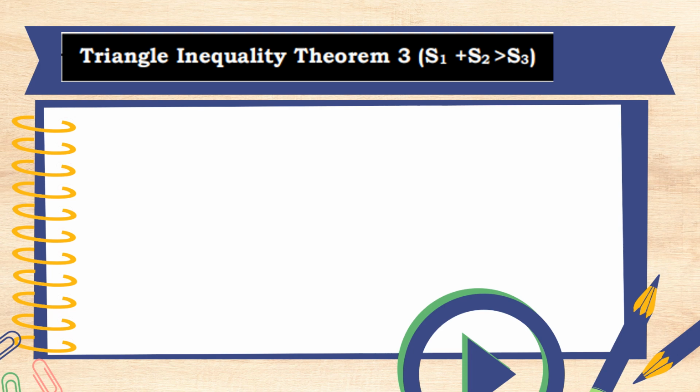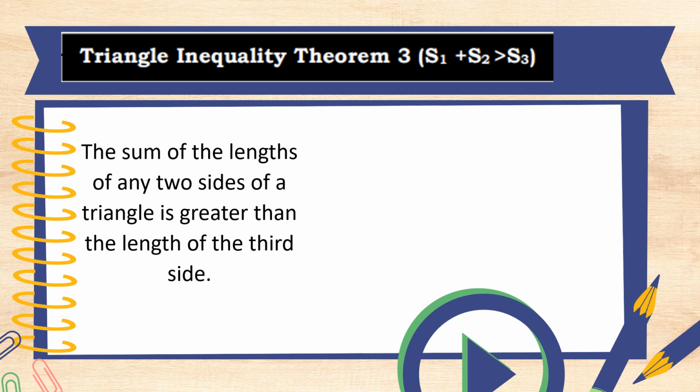Another triangle inequality is triangle inequality theorem 3. Side 1 plus side 2 is greater than side 3. In here, the sum of the lengths of any two sides of a triangle is greater than the length of the third side.